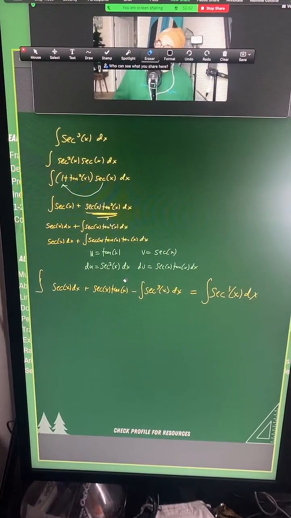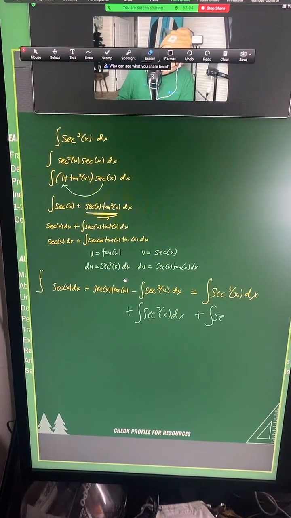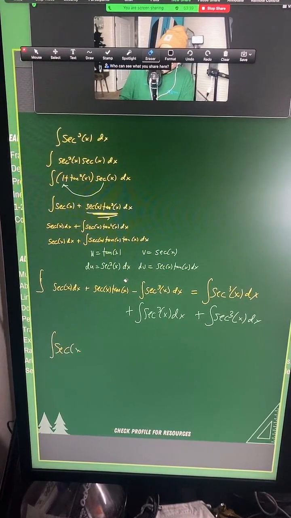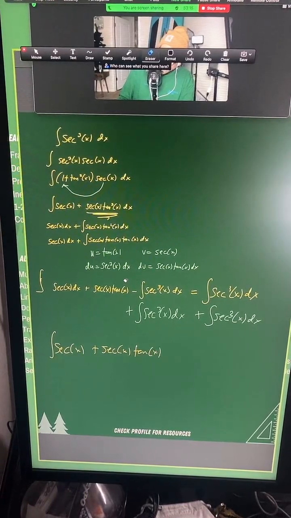So one thing that I did not write, and then we're going to add the secant cubed of x dx to the other side. And so now we have the integral of secant of x plus secant of x tan x is equal to 2 integral of secant cubed x.